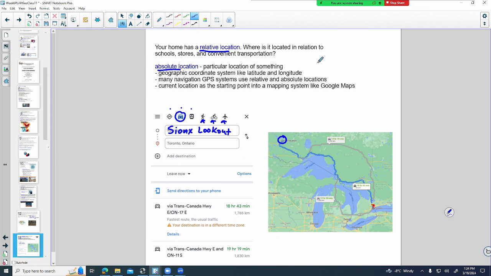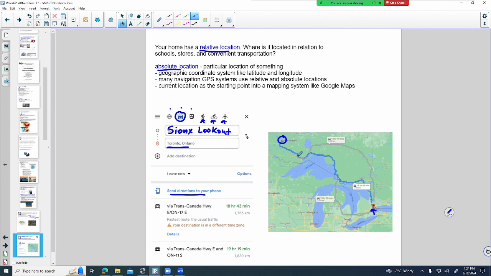So when I'm looking for the directions, it's going to provide for me how to get to my destination, to Toronto, using a vehicle. So you would put Toronto, Ontario, and you can add destinations. If you want to make a stop, for example, in Thunder Bay or Sault Ste. Marie or Sudbury, then you could add those, and it will give you directions.